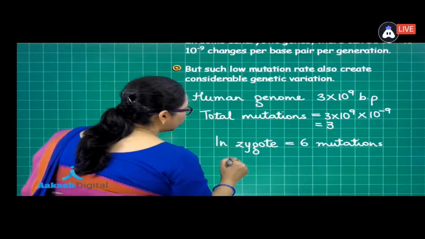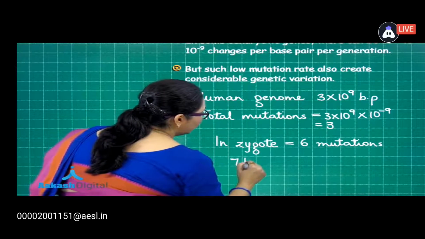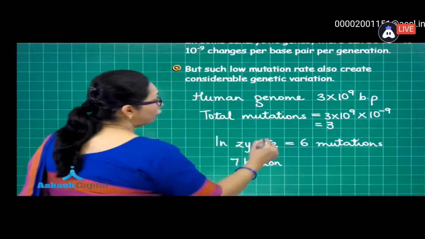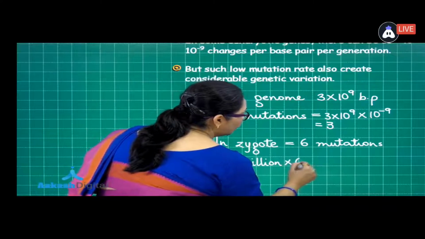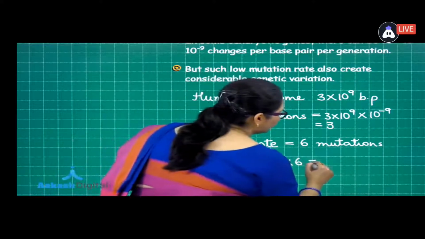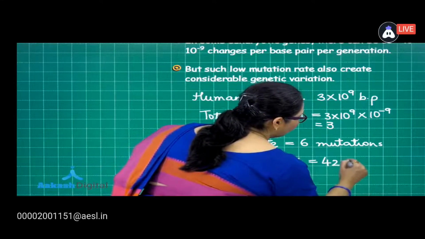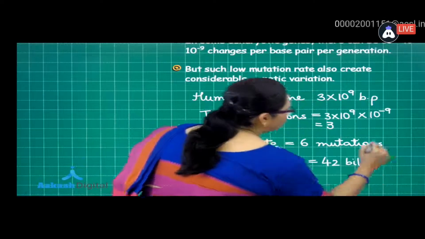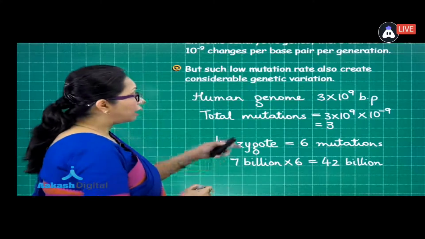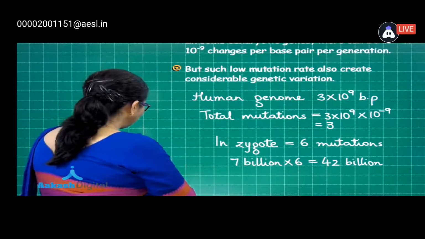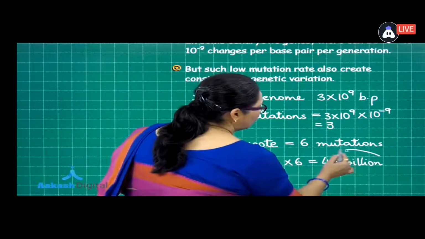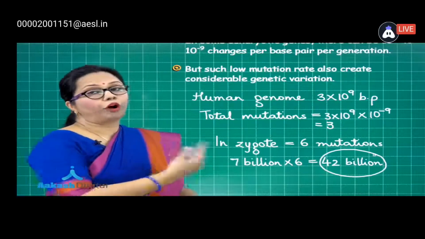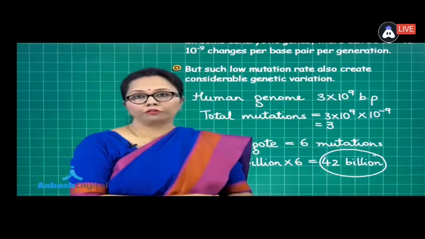And since we know that the human population is 7 billion, if 6 mutations per individual are occurring, this would give us a value of 42 billion. So even though the mutation rate is so slow, we still have such a large number of variations, right? From here we'll move on to other factors responsible for evolution.